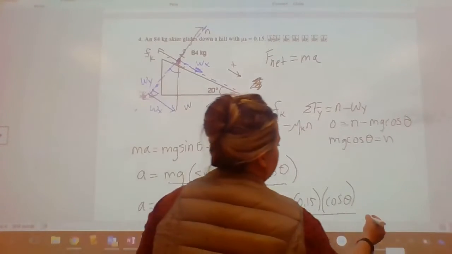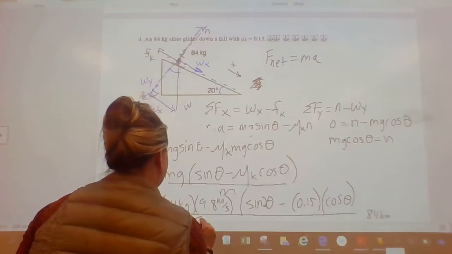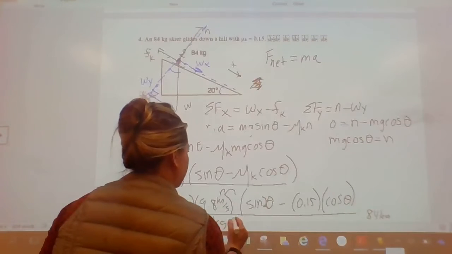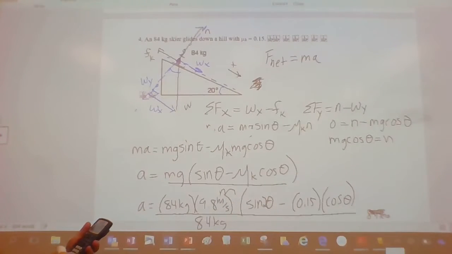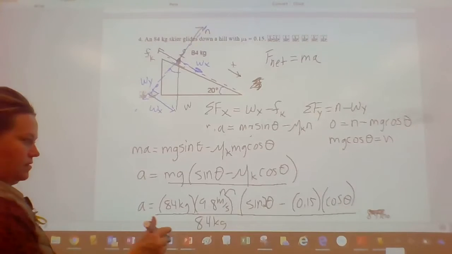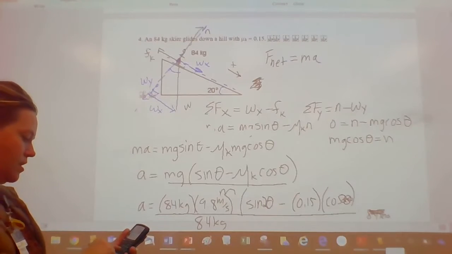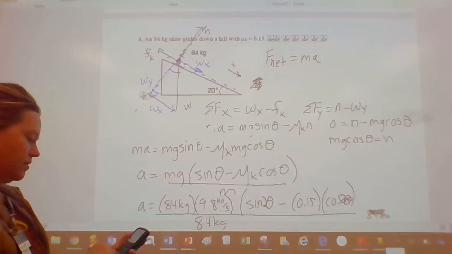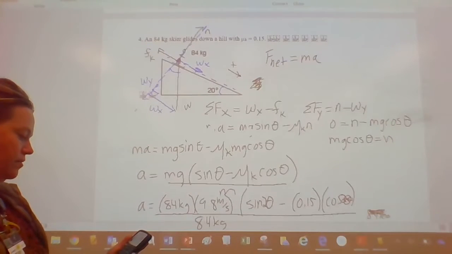That would help. Divided by 84 kilograms. I could probably fit that in. Yes, I can. Okay, so let's try that again. So cosine 20, 0.93 times 0.15. Awesome.